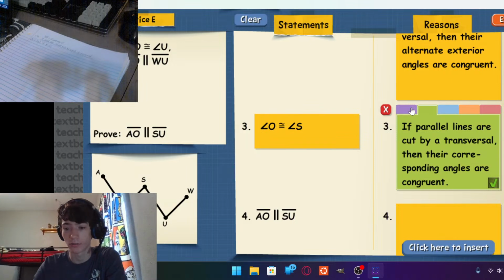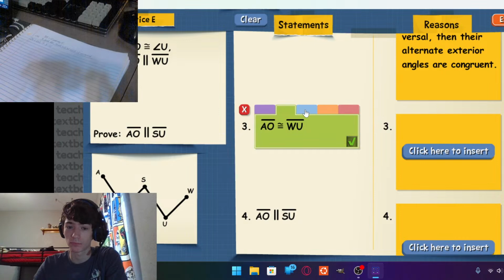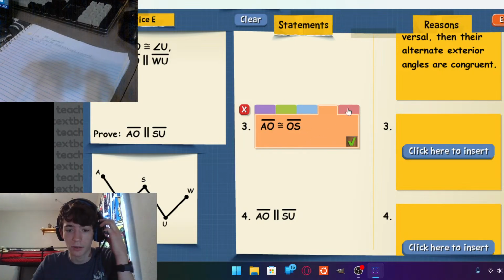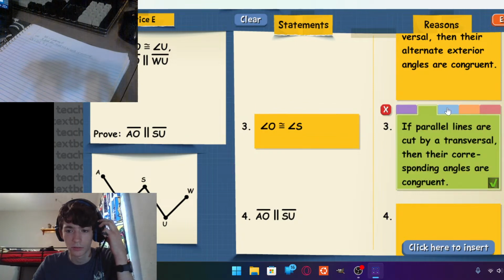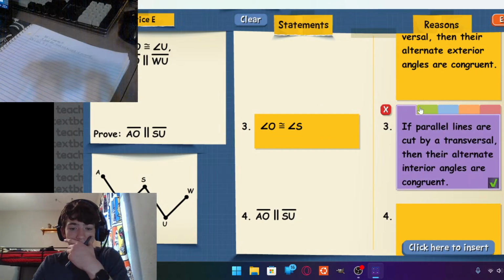Those aren't corresponding either. What does this have to do with the thing? Okay, I think it might be this.